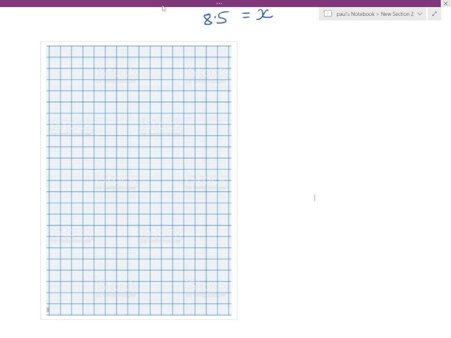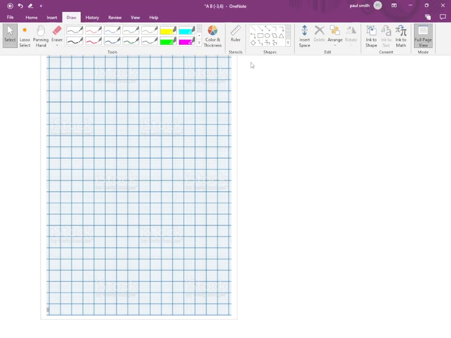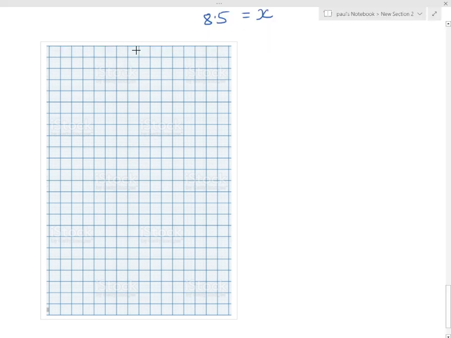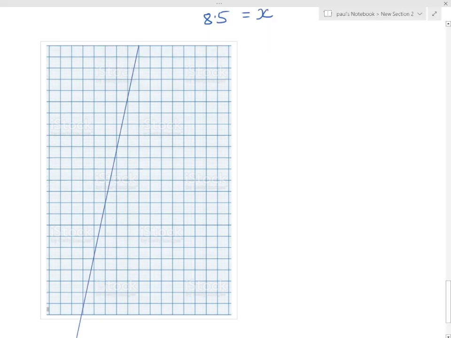We'll do the whole thing, doing it with a mouse there, that's not good. So let's come over here. So we've got x and y, and 1, 2, 3, 4, 5, 6, 7. 1, 2, 3.